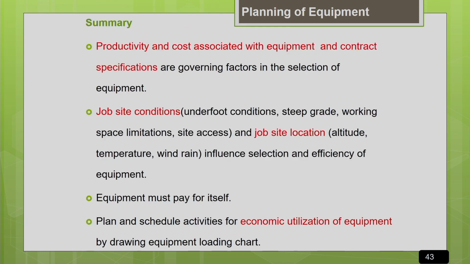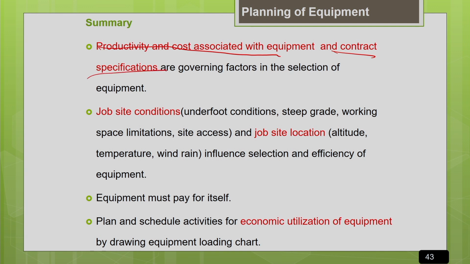So with this we are coming towards the end of this lecture. Okay, let me summarize whatever we discussed in this first lecture on planning of equipment. We discussed the different equipment selection factors, and we found the productivity and the cost associated with the machine and the contract specifications are the important guidelines in the selection of the machine.